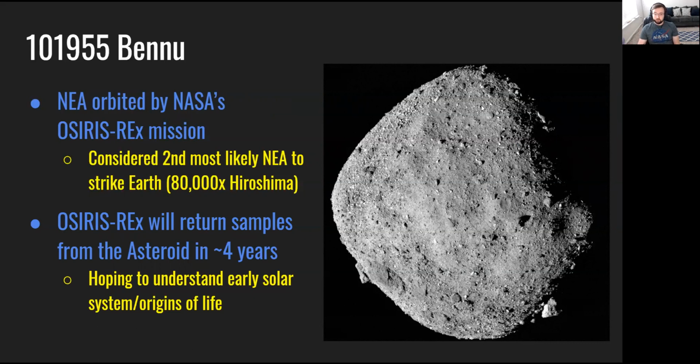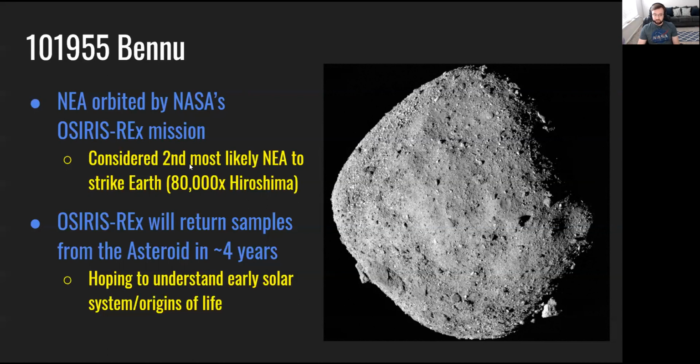And I mentioned before that a lot of these asteroids would have formed around the same time the planets did at the beginning of the solar system. So asteroids are like time capsules. We could go back in time and see what things were like at the beginning of the solar system by looking at material from things like this.